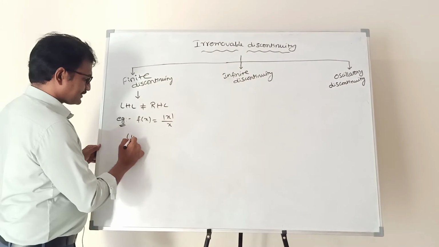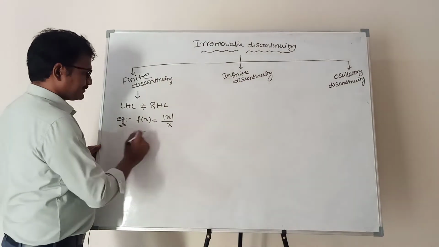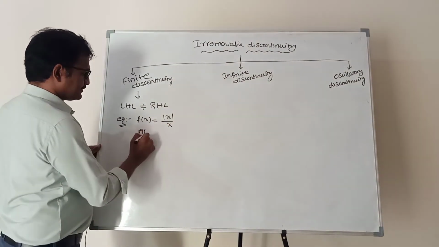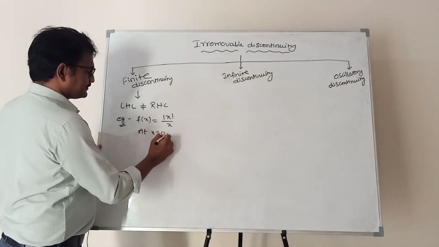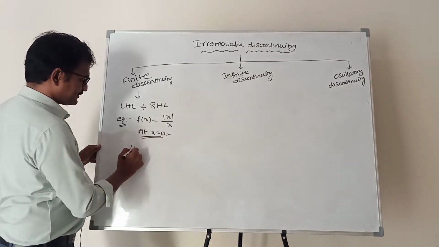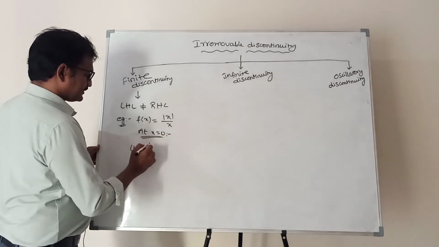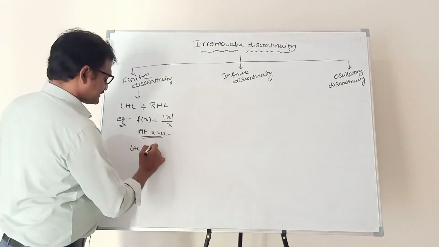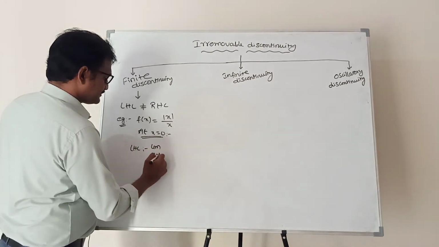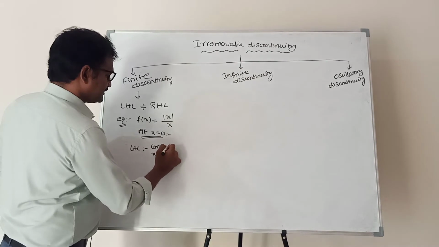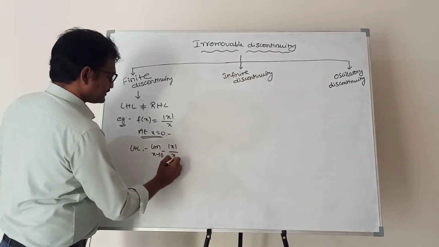What is LHL for this problem? At x equal to 0, what is left hand limit? Left hand limit is limit x tends to 0 minus mod x by x.